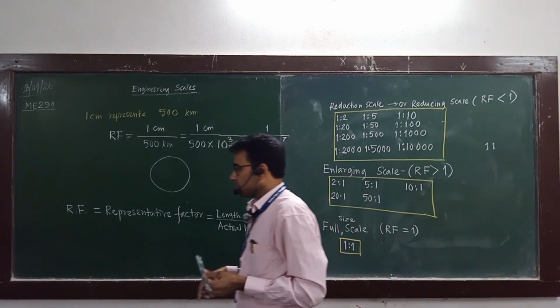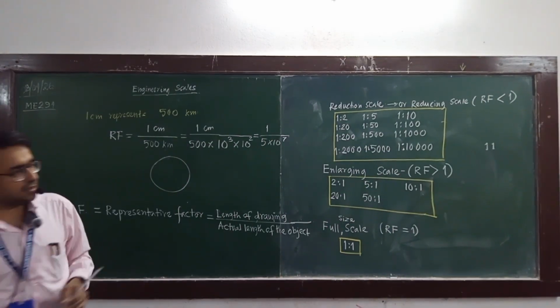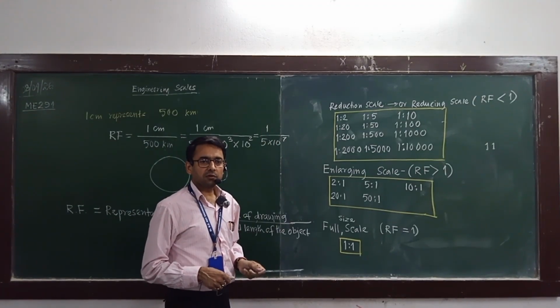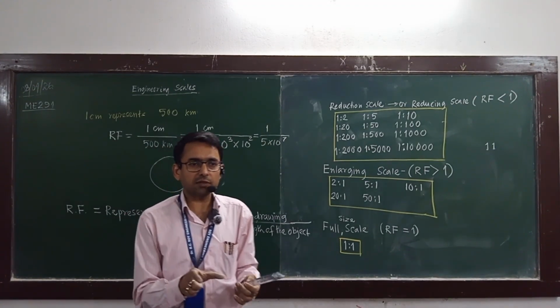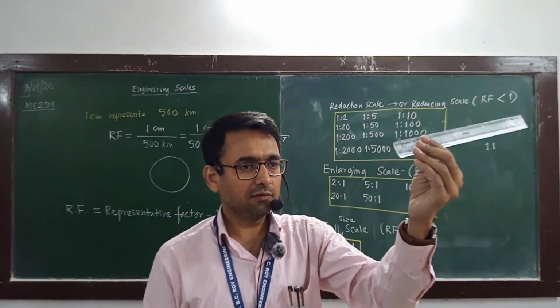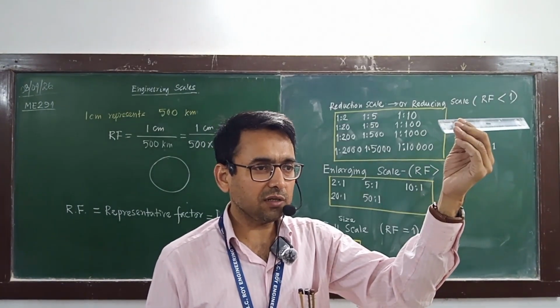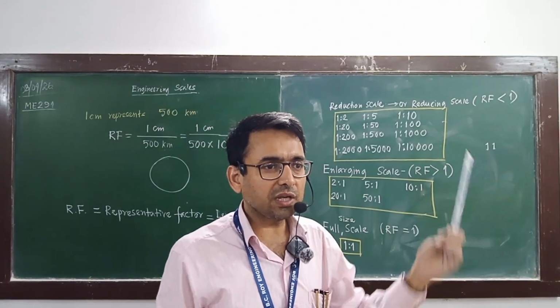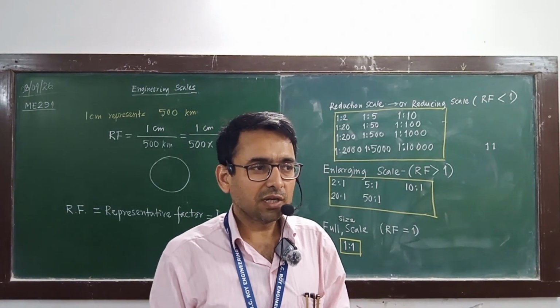So in the case of a reducing scale, do I use a calculator and use the same scale? Will it be convenient? I have thousands of measurements in the drawing. Will I use a calculator for each? It is not possible.